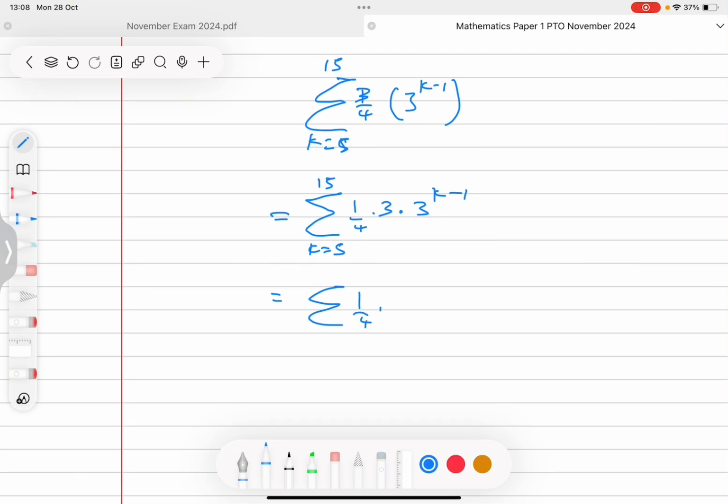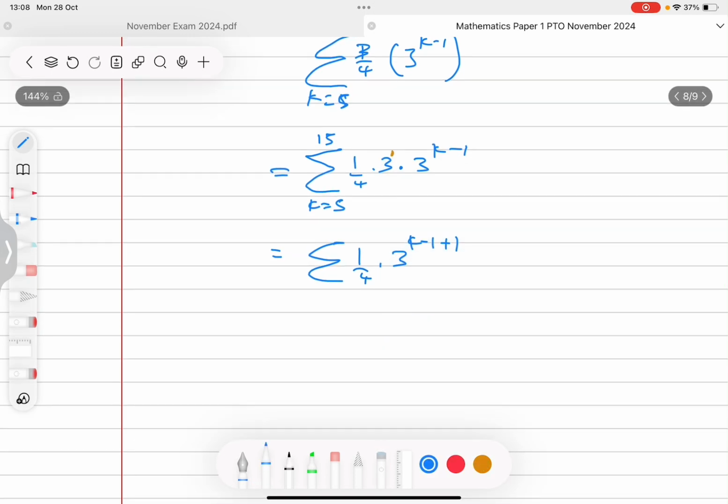I can say 1 over 4, then I keep the base, the 3, then I'll have k minus 1 plus 1, because remember, we have an invisible 1 here. I'm adding this k and the 1 because our law of exponents says you keep the base, you add the exponents. And of course, this starts from k equals 5 to 15.